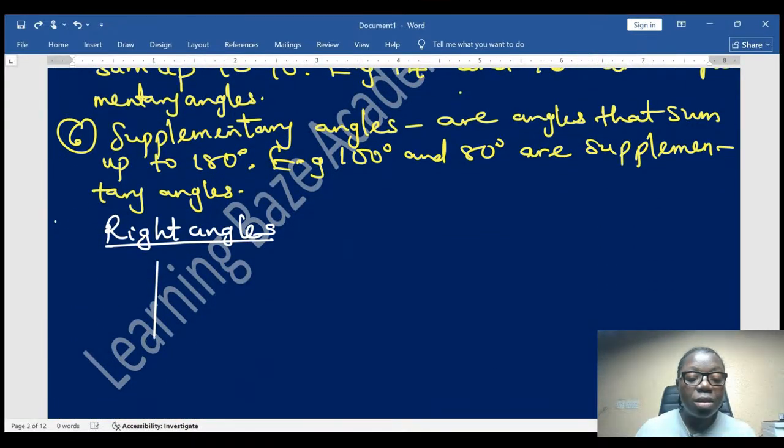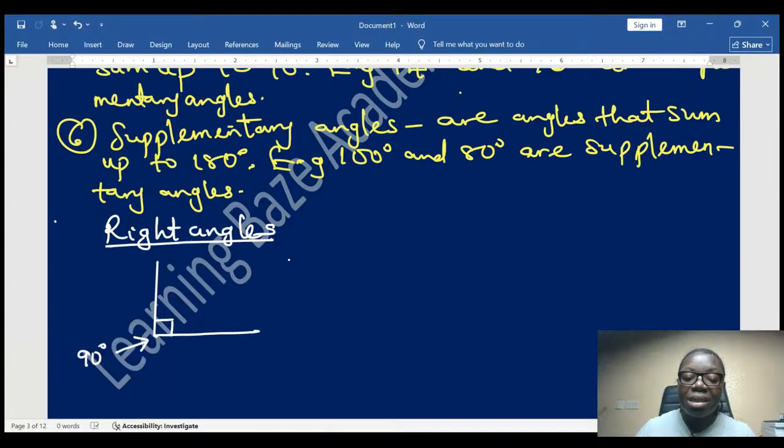The right angles can come this way, with this sign at the corner of the angle, the sign being pointed at with an arrow. Anytime you see that sign, it shows that that angle is 90 degrees.